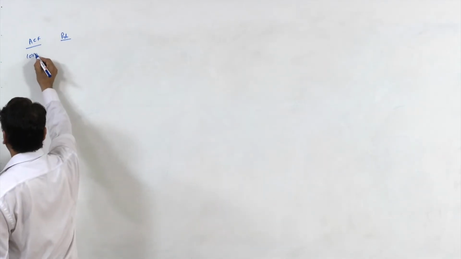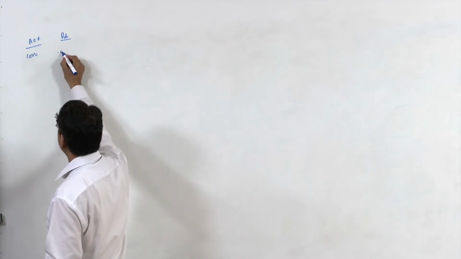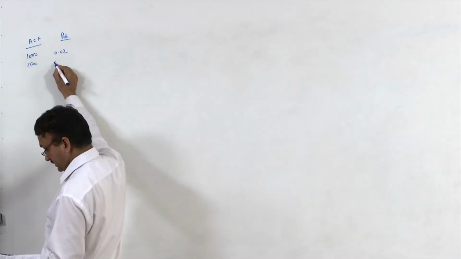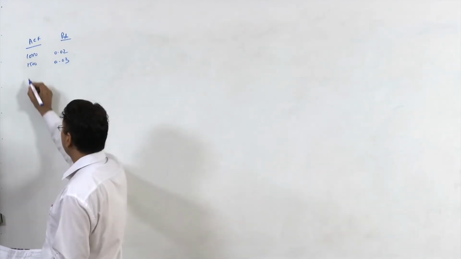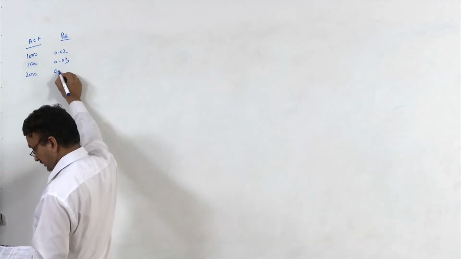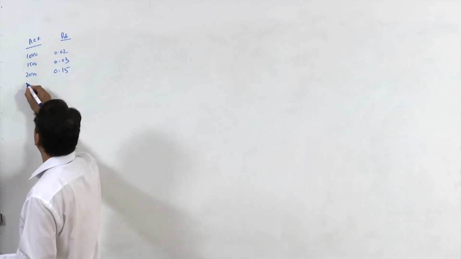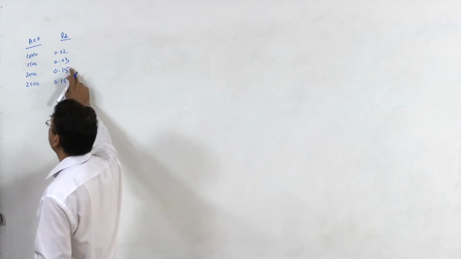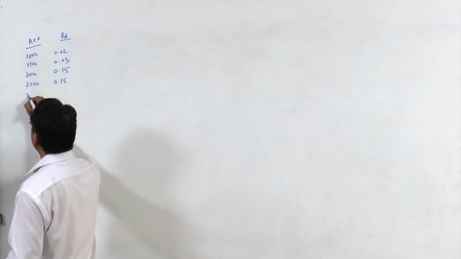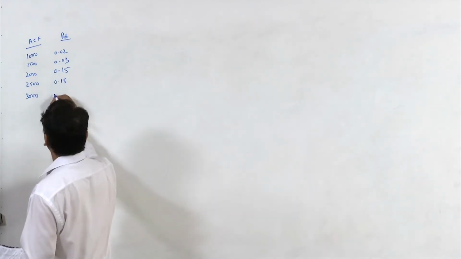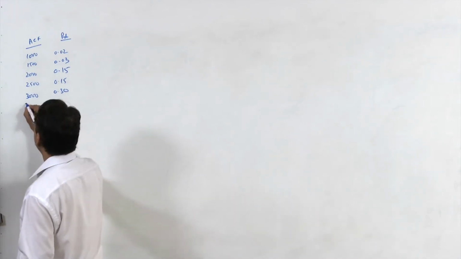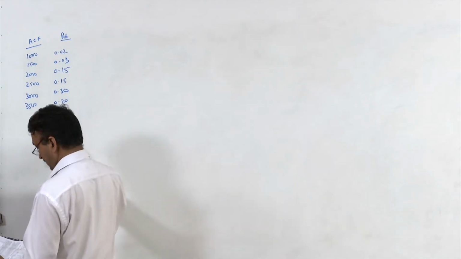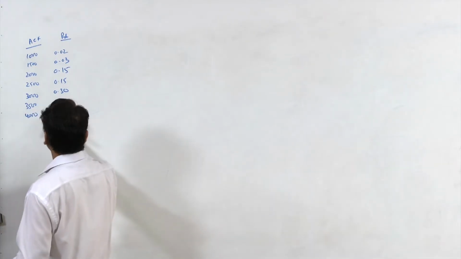Annual cash flow is 1000 and its probability is, let us say, 0.02, right. 1500 probability is 0.03, 2000 probability is 0.15, then 2500 probability is 0.15, same for these two, right. 3000 probability 0.30, 3500 probability is 0.20, and for 4000, 0.15, right.